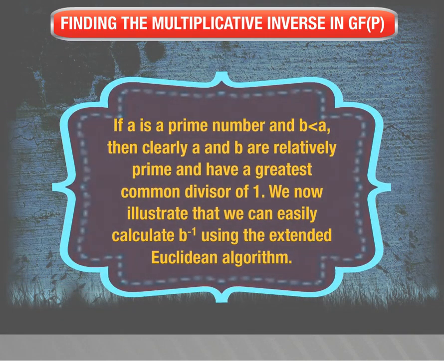If a is a prime number and b is less than a, then clearly a and b are relatively prime and have a greatest common divisor of 1. We now illustrate that we can easily calculate b inverse using the extended Euclidean algorithm.